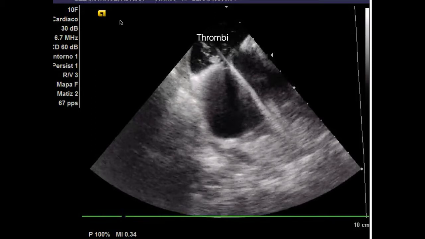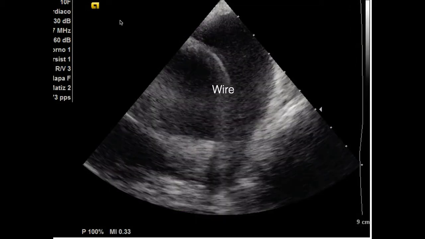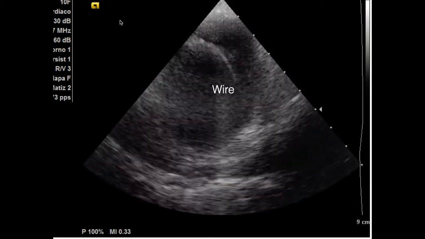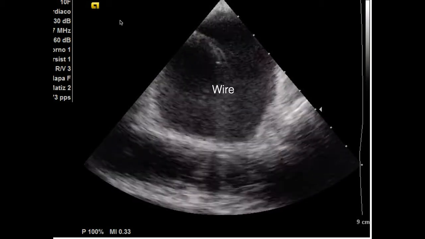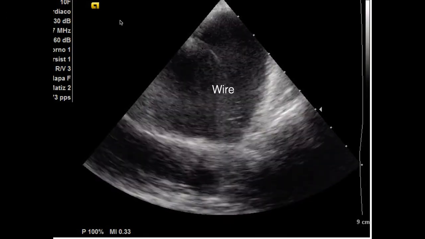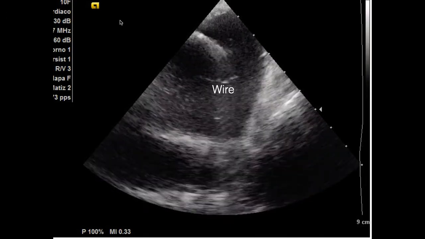When it happens, we need to inject heparin and wait until the thrombus disappears. If we need to exchange the sheath, we can use this projection, always watching the wire, then pull back the sheath, make the exchange with the FlexCath, and put it in again.